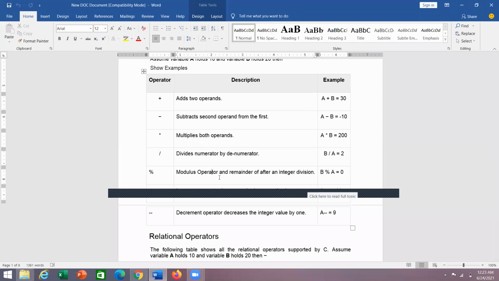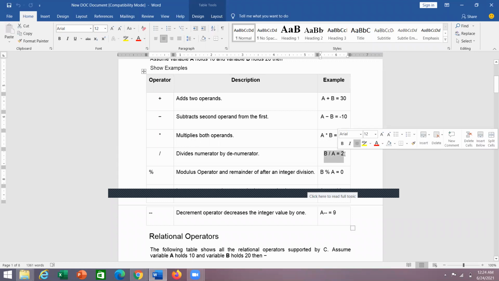There is a difference between division and modulus. This is the division symbol and this is the modulus symbol. So what is the difference between these two symbols? Here it will take the quotient value, and here it will take the remainder.